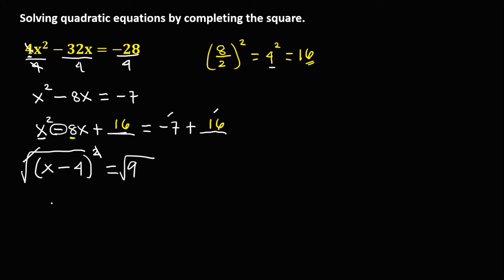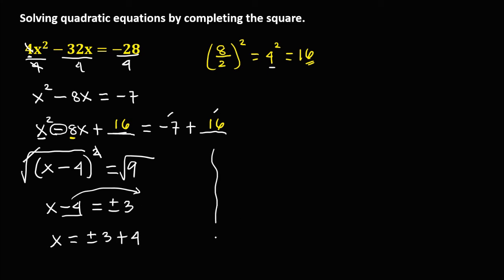So cancel, we have now x minus 4 equals square root of 9, this is positive and negative 3. Then to solve for x, x minus 4 equals positive and negative 3. Then transpose this negative 4 to the right side. This becomes positive 4. Then we need to separate this equation. So we have x equals positive 3 plus 4.